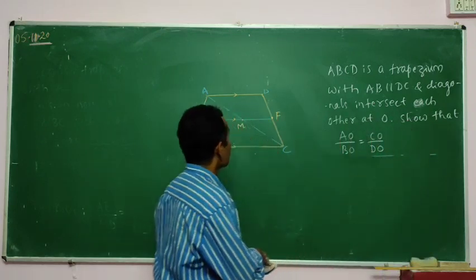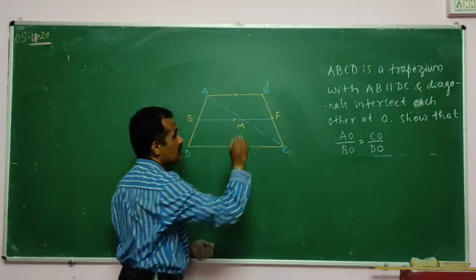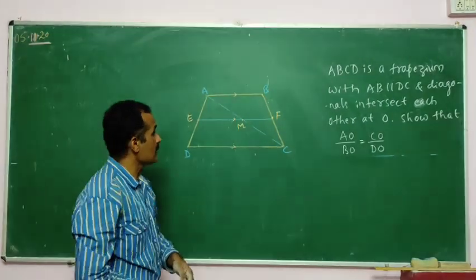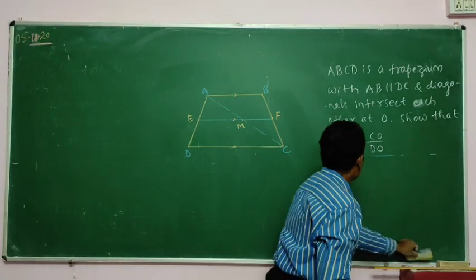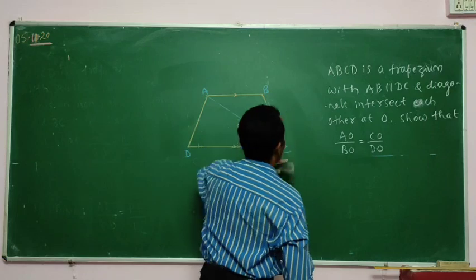ABCD is a trapezium already there with me. AD is parallel to BC. What they say?